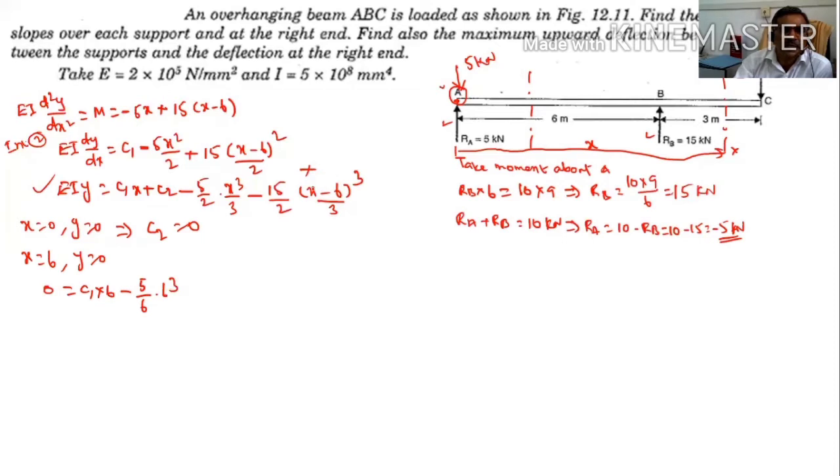The term with x minus 6 will be 0. So if you calculate, C1 is equal to 30.